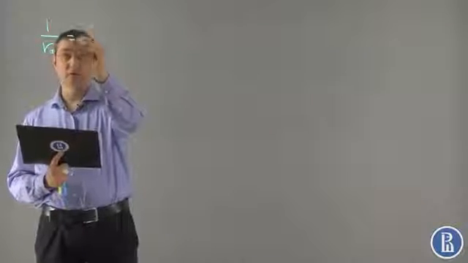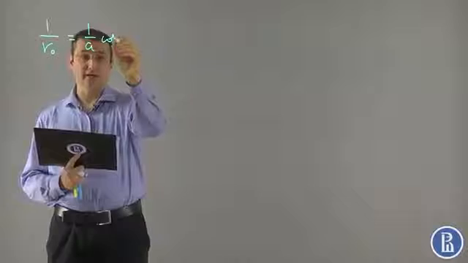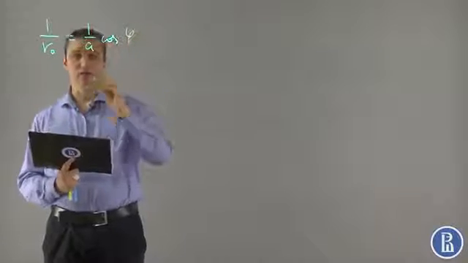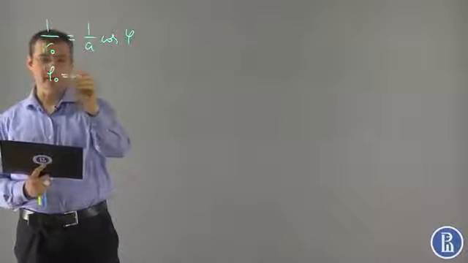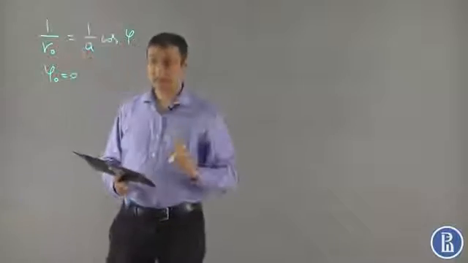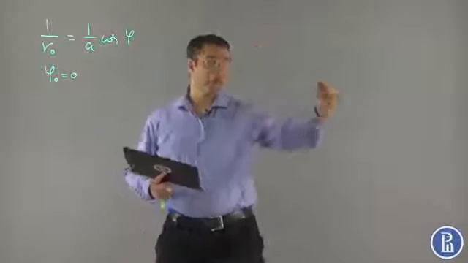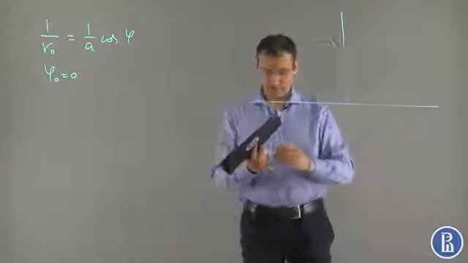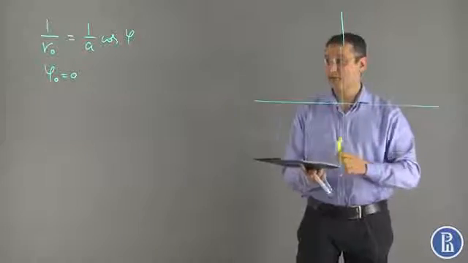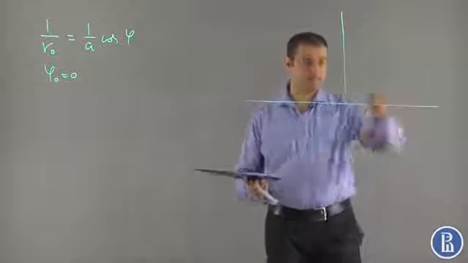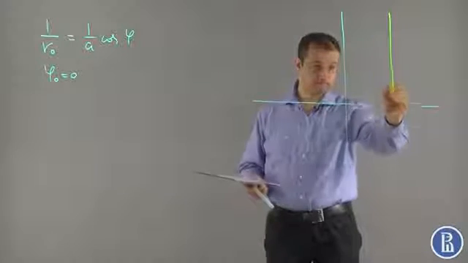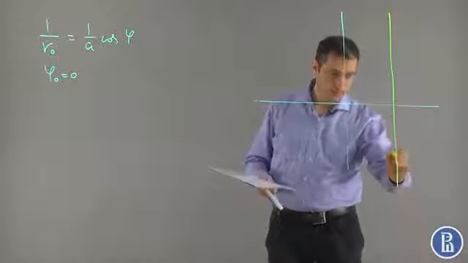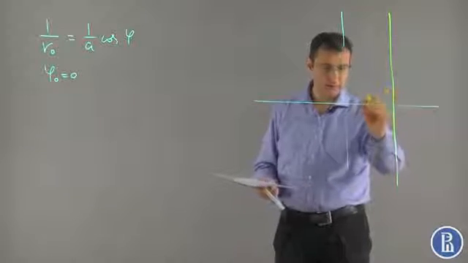So for the light-like particle, we have obtained that 1 over r0 is 1 over a cosine of phi. Remember that we put phi 0 to 0. Then this corresponds, let me draw the picture, to a straight vertical line, where this distance is a.